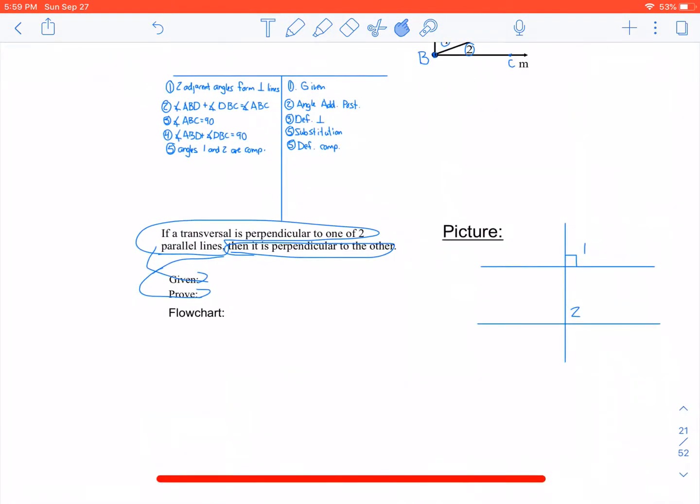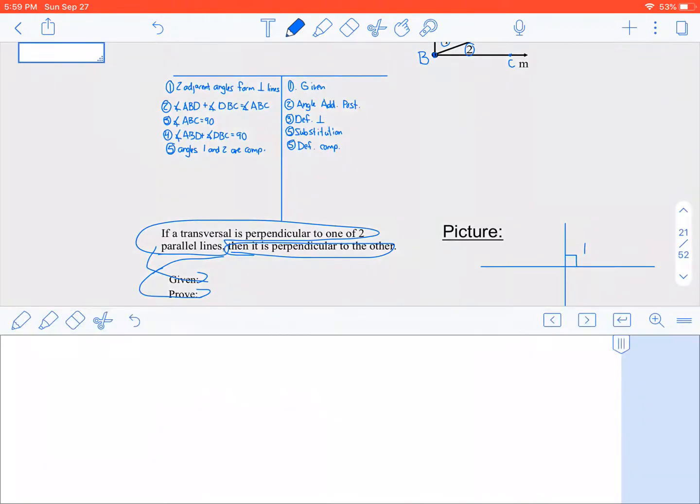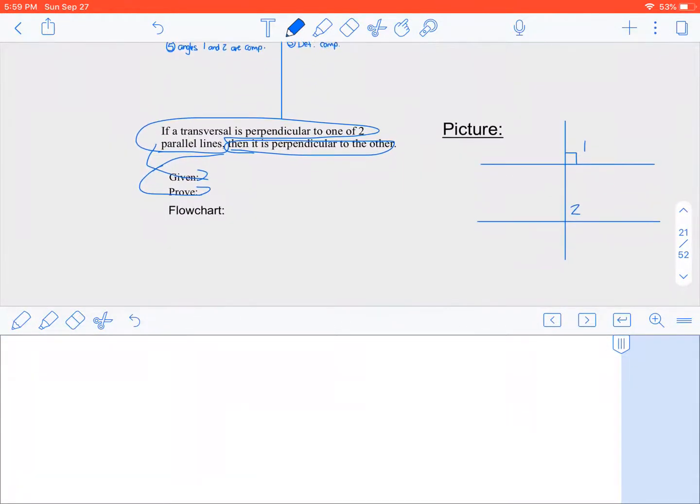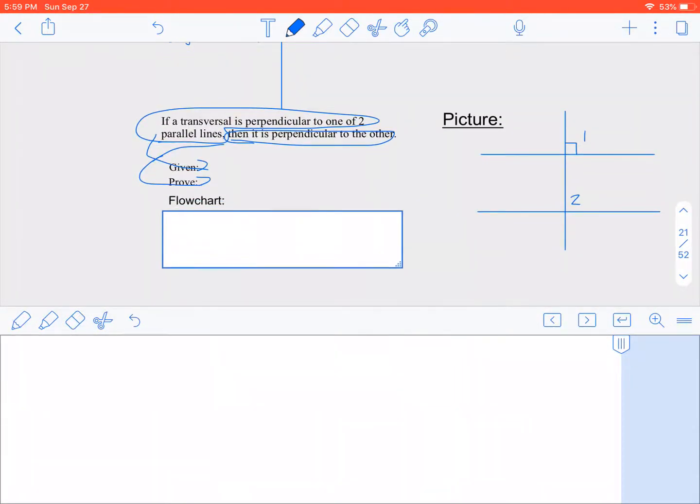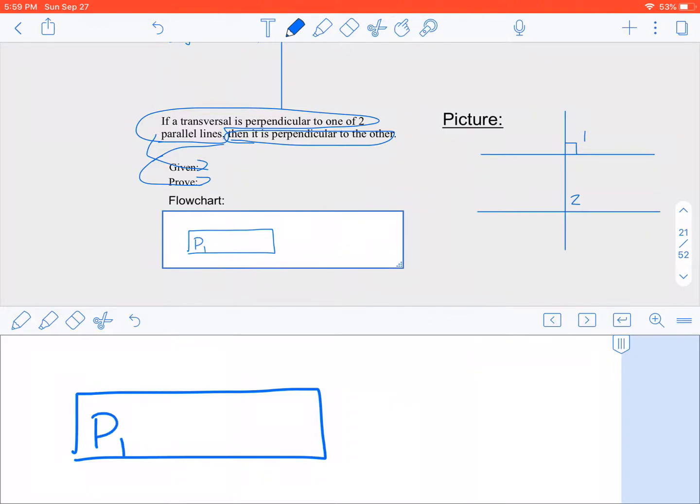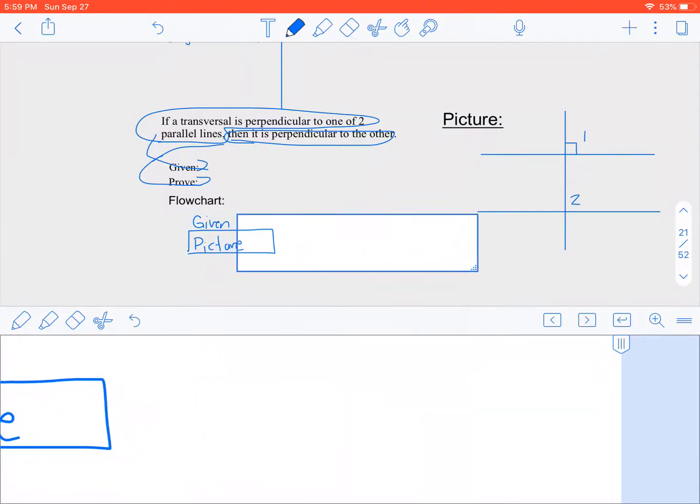Let's see if I can do that again. Here we go. Yeah, this one we're going to use a flow chart. So, first step, I'm just going to label it as my picture. That's what I was given.